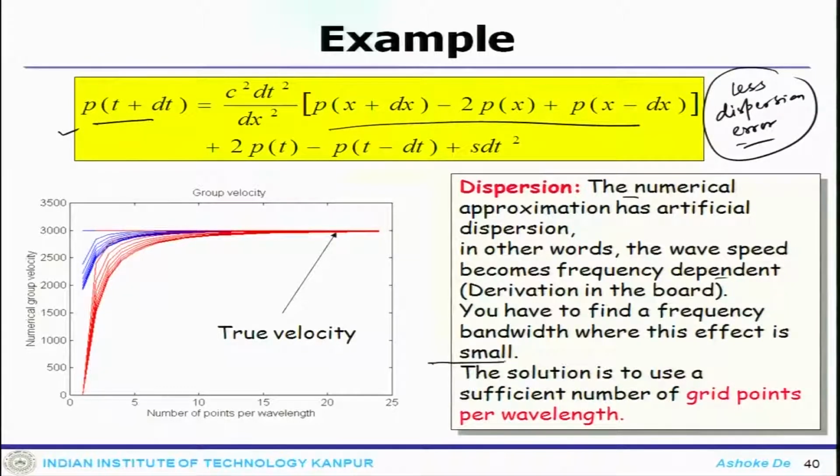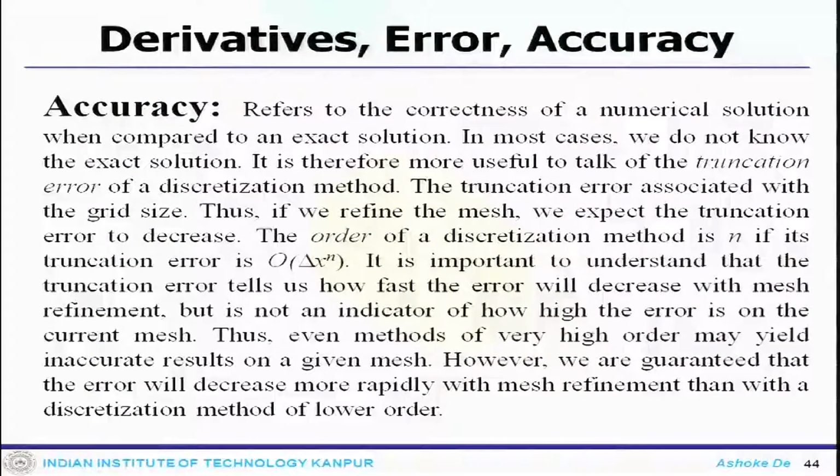So, for this particular case, if you use a sufficiently larger number of grid points per wavelength, then you can actually reduce this dispersion error. Okay. So, that is the solution one can use, and if you look at the velocities, these are some representative things.